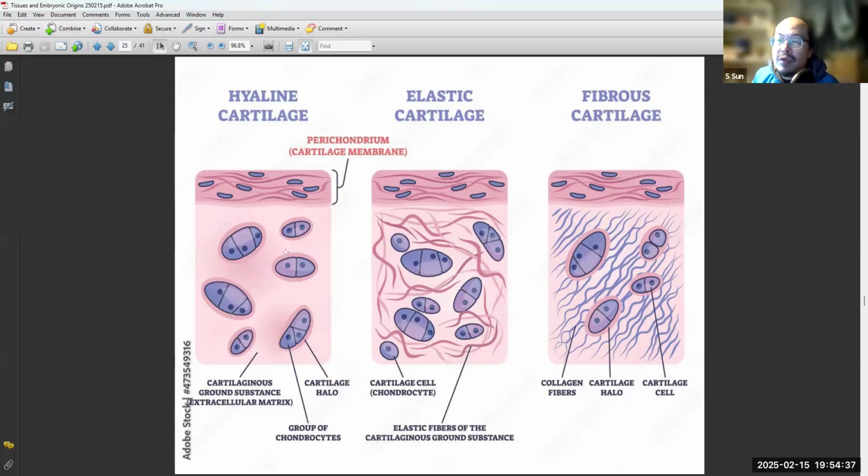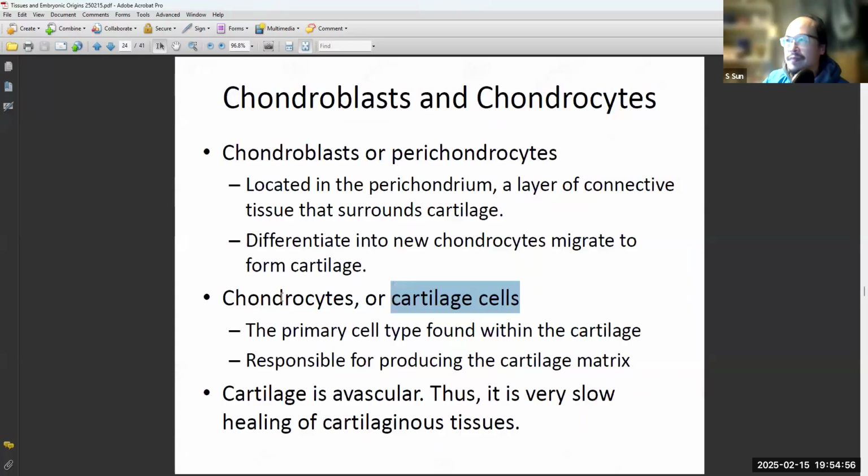And don't worry, we have the stem cells in the perichondrium right here. These perichondrocytes are chondroblasts that are stem cells. They can replenish the loss of the chondrocytes in the cartilage. So that's the key.